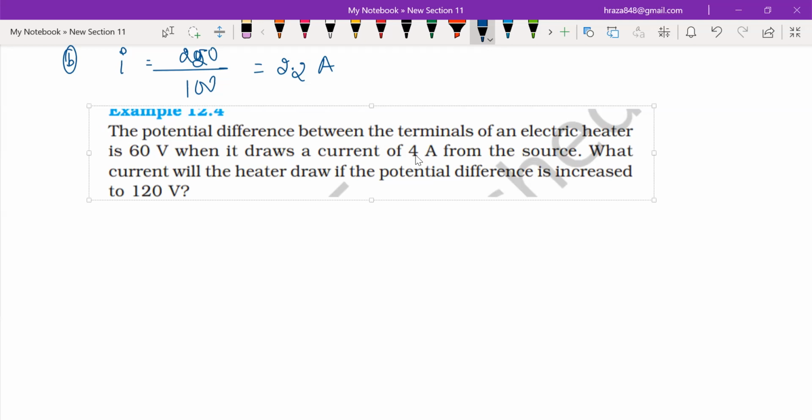Where is the 15 given? It's not given, I found it. You found it, so you should tell me first.